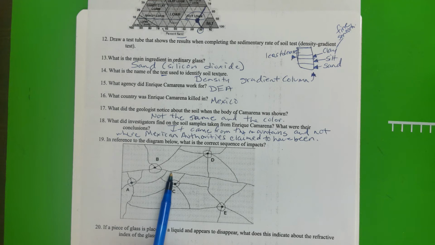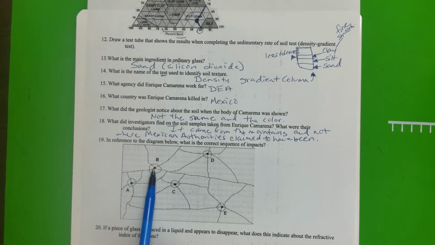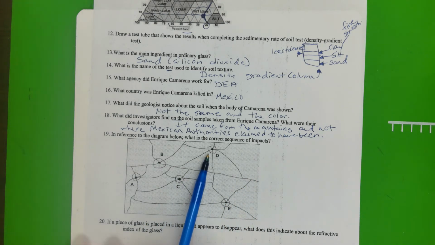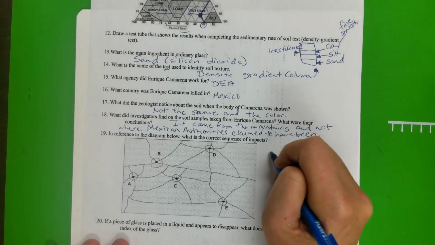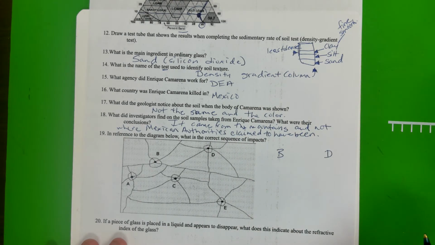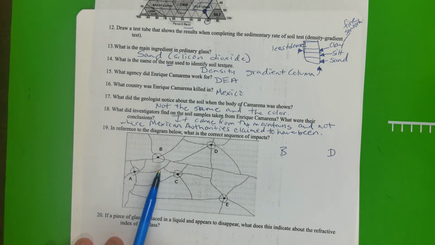So that means B occurred before D. This means B is in the beginning, and D is somewhere at the end.